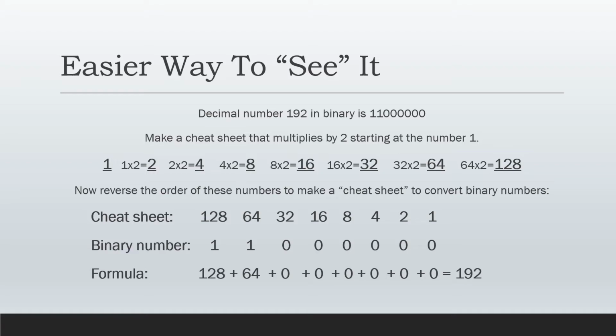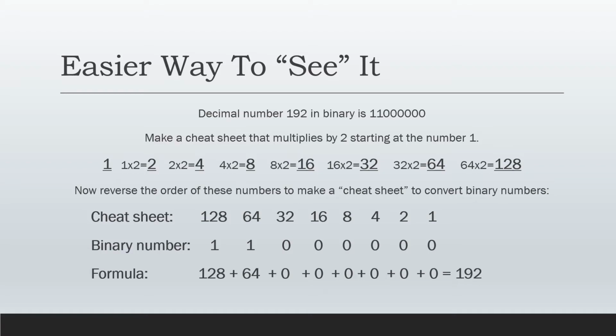The results of each one of these is what we're interested in. Now reverse the order of those numbers. What I like to do is take a piece of paper and write them out across the top of that sheet of paper in the order of 128, 64, 32, 16, and so on. That way you can list your binary number below it and then use that to come up with your calculation.